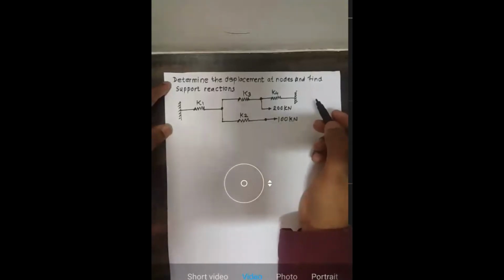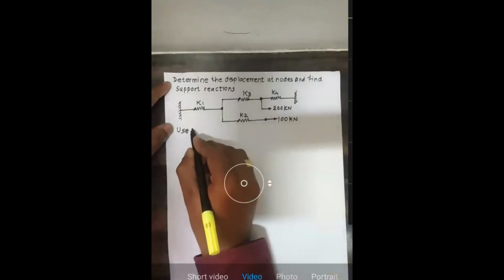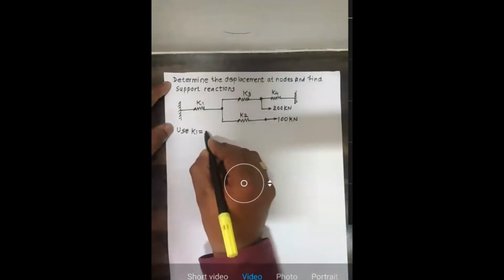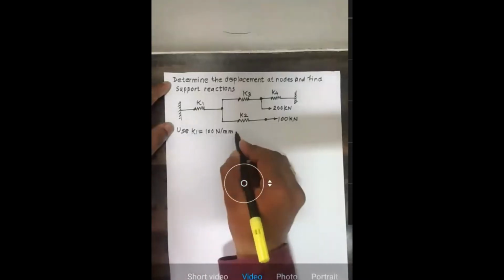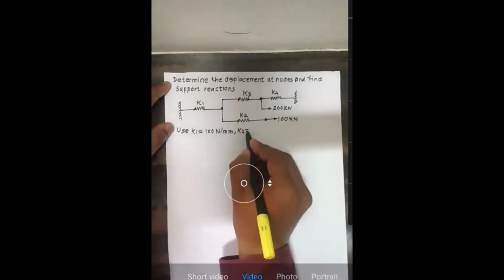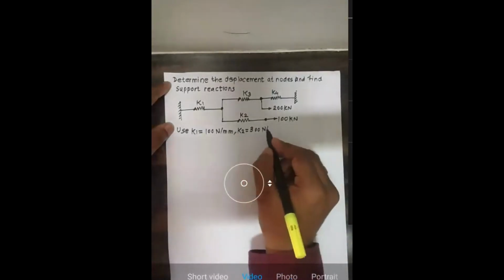Right? What they have given? They have given the values of the stiffness. Use K1 is equal to 100 Newton per mm. K2 is equal to 300 Newton per mm.